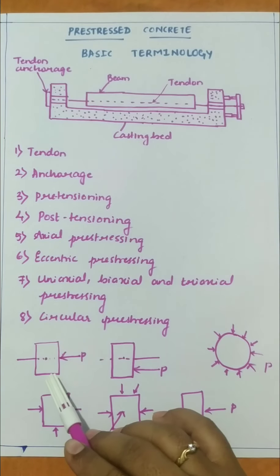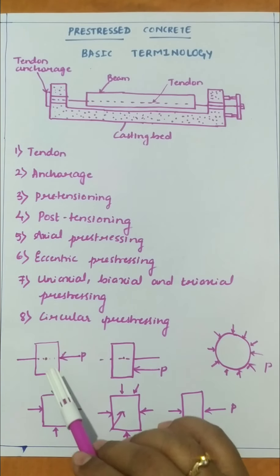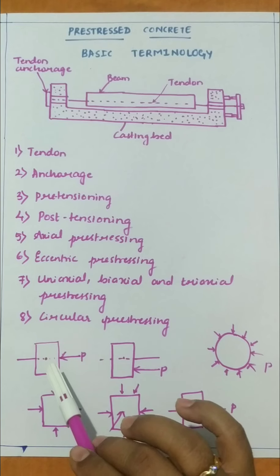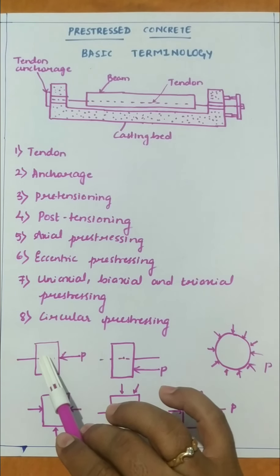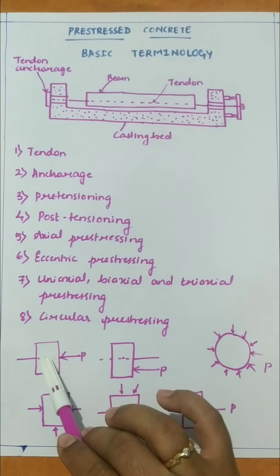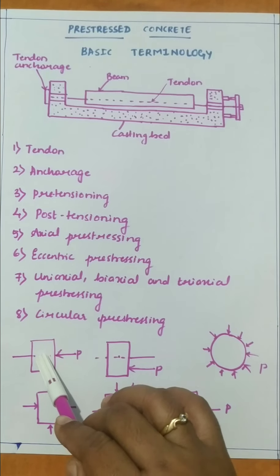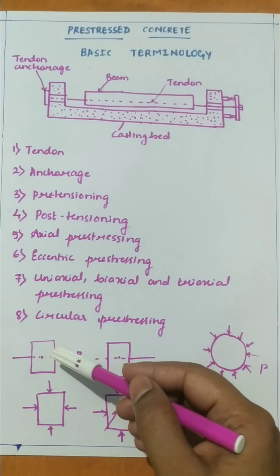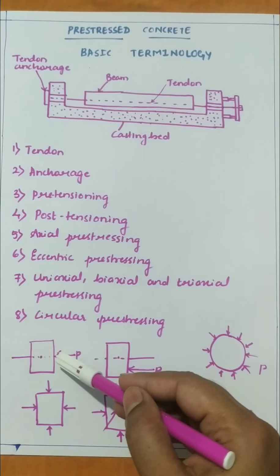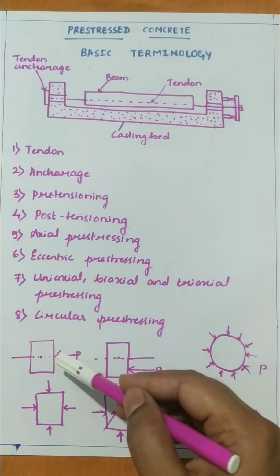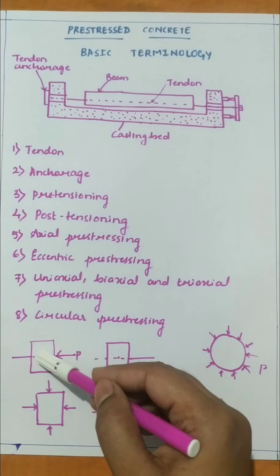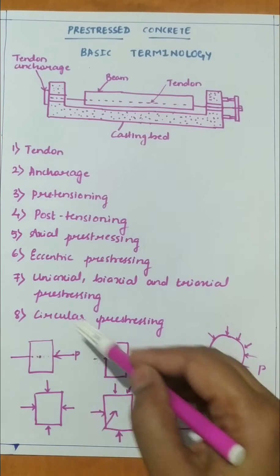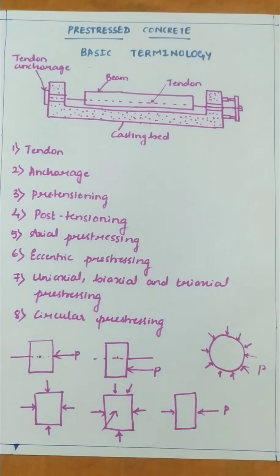We know that the centroid is at half the depth, that is d by 2, at the center. If you apply the pre-stress at the center, then the pre-stress coincides with the centroid of this rectangular section, and it is called axial pre-stressing.